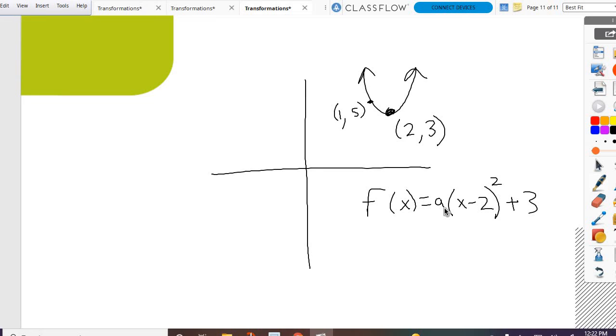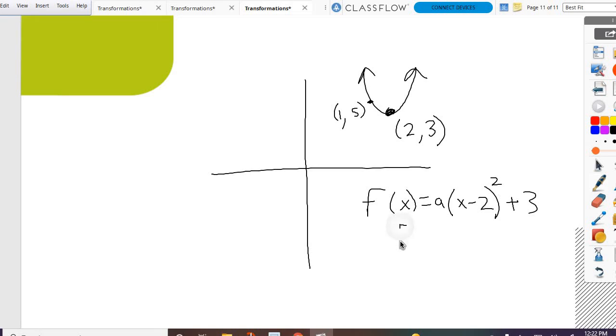Agreed? So how would I figure that out? Math. So if I have a point, what does a point represent? Well, the 1 would be my x value. The 5 would be my y value. If I have an equation with an x and a y, what can I do with my 1 and my 5?